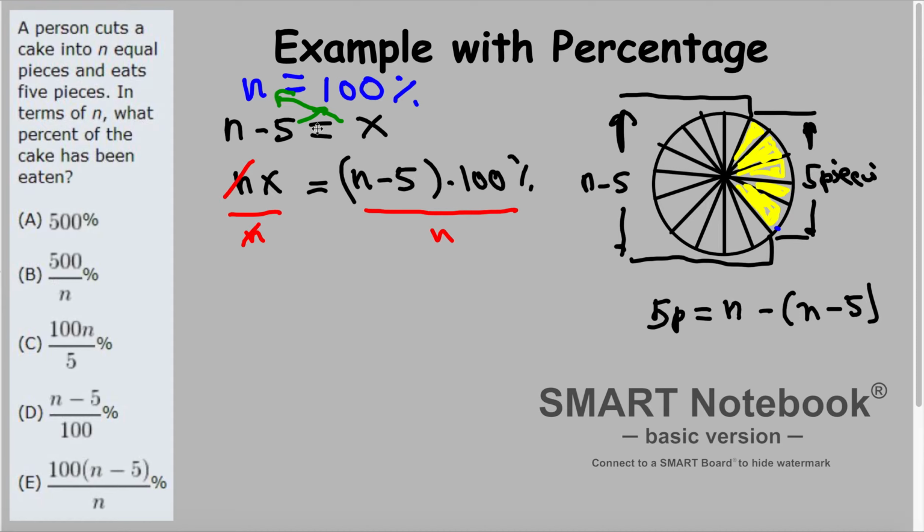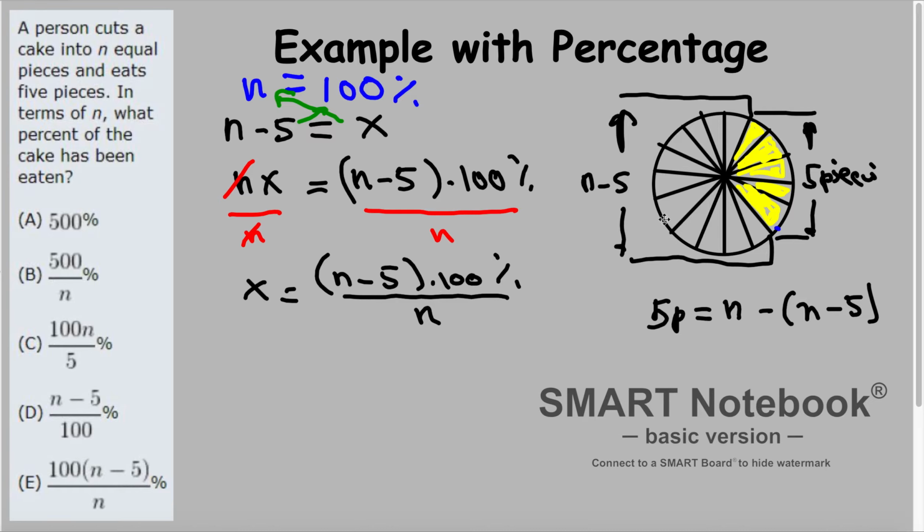The n with the n simplifies, and what remains is x is equal to (n minus 5) times 100% divided by n. So we found the percentage in terms of n for n minus 5.